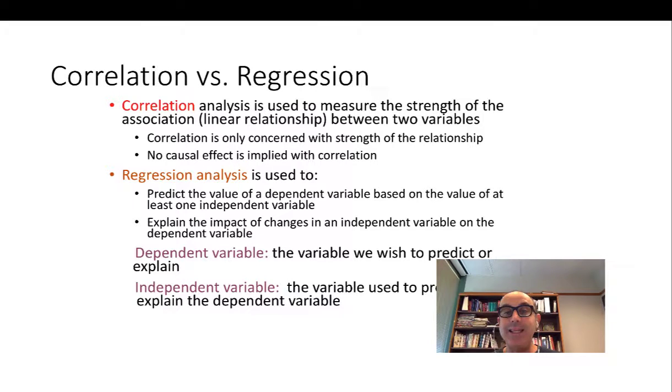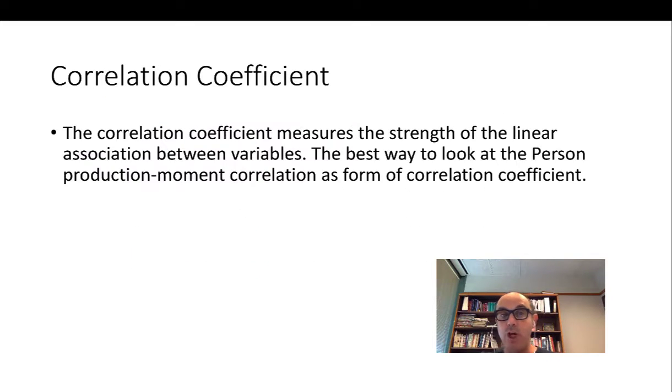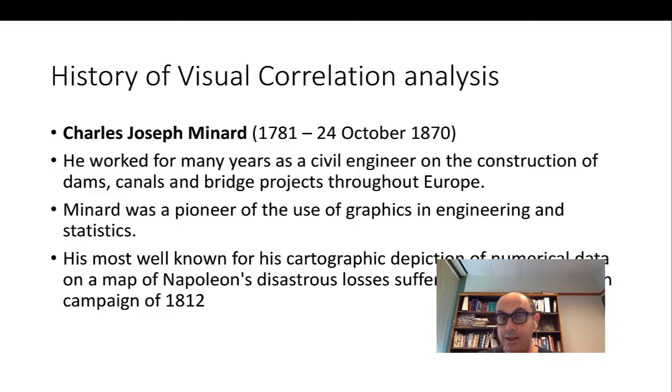Regression is the idea of predicting the value of the dependent variable from the independent variable, and that's the difference between correlation and regression. The correlation coefficient measures the strength of a linear association between usually two variables, and the best way to use it is the Pearson product-moment, which a lot of businesses use in order to illustrate.